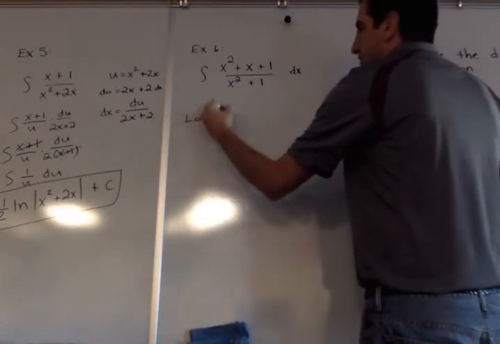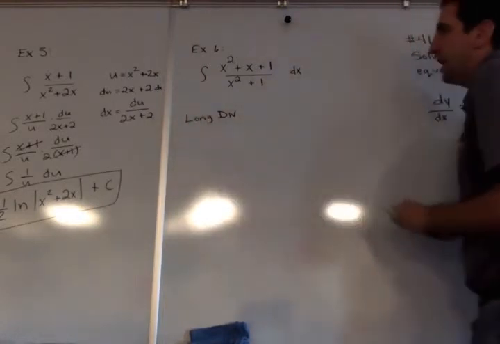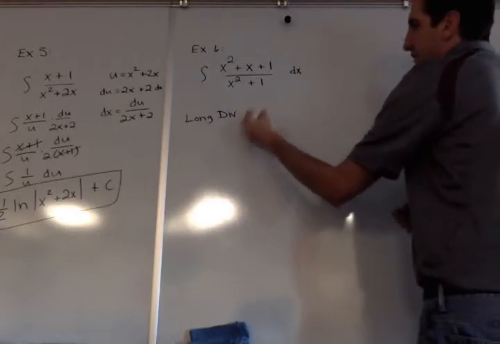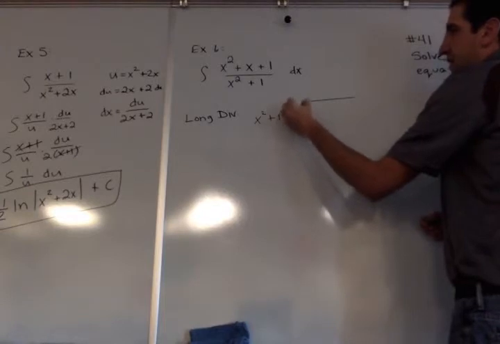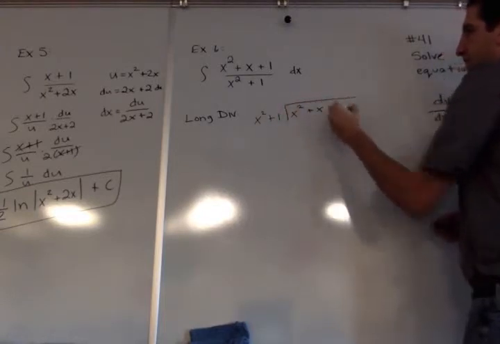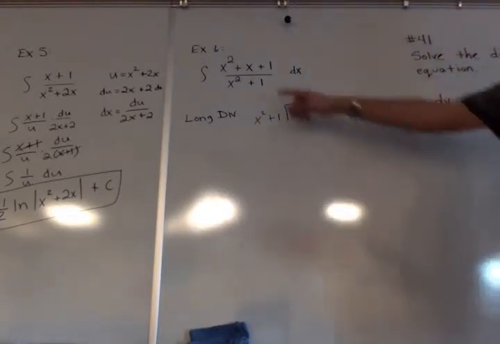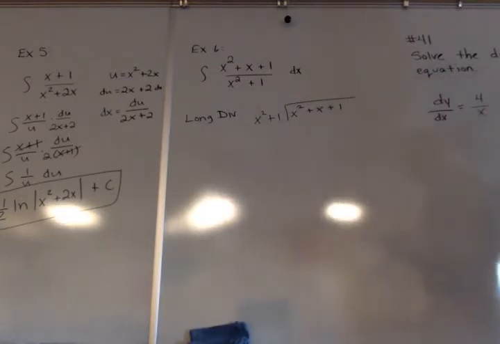So our long division will help us to do this problem. We'd have to take x squared plus 1 divided into x squared plus x plus 1. Again, we're calculating the integral of x squared plus x plus 1 over x squared plus 1.